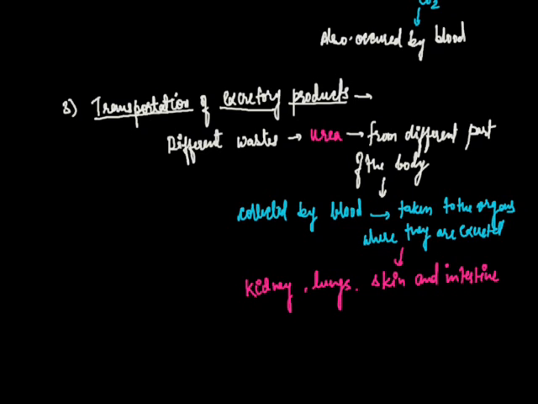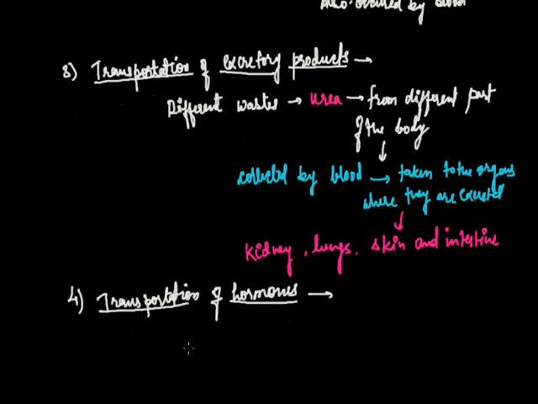The next function of blood is transportation of hormones. Hormones are produced by endocrine glands.